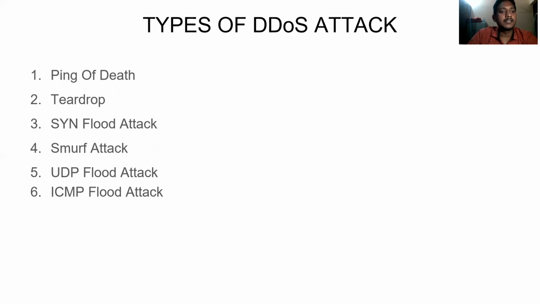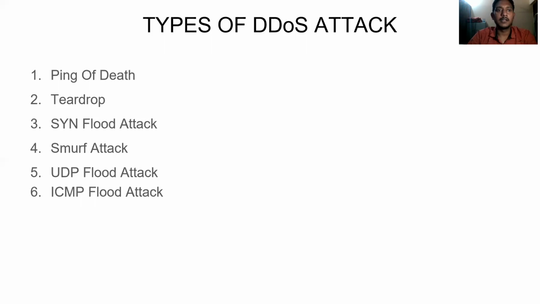There are six types: first is ping of death, second is teardrop, third is SYN flood attack, fourth is Smurf attack, fifth is UDP flood attack, and sixth is ICMP flood attack.